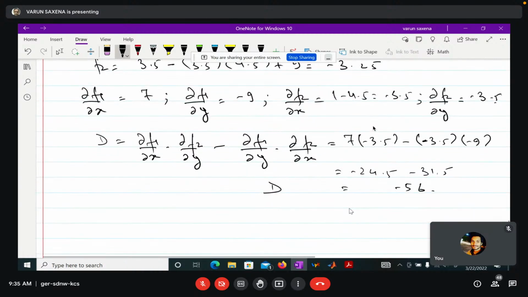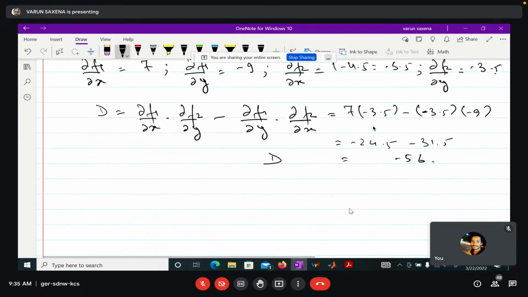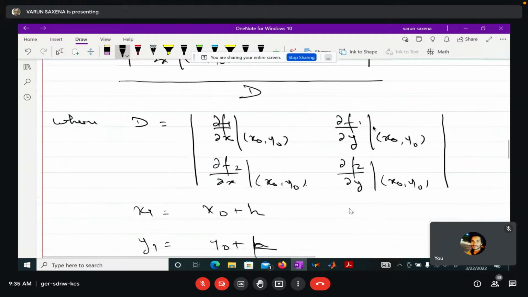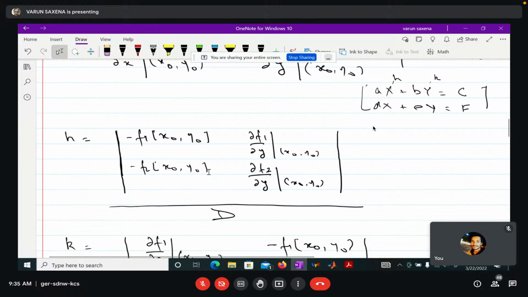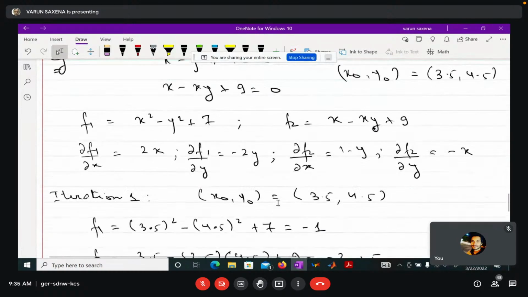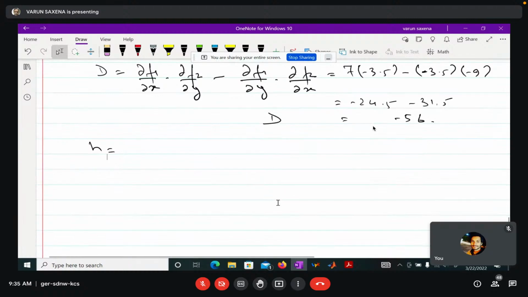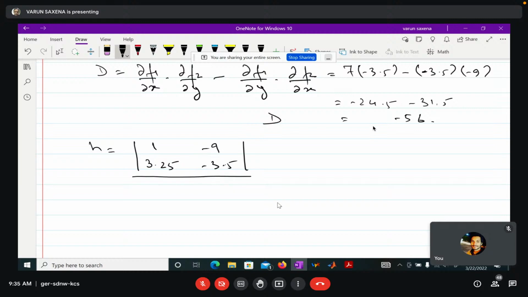Okay. So now what is your H and what is your K? If you look at the formula for H that I've written over here, that will be the determinant of 1 and 3.25, because both will get a minus, and here you have minus 9 and minus 3.5, divided by minus 56.